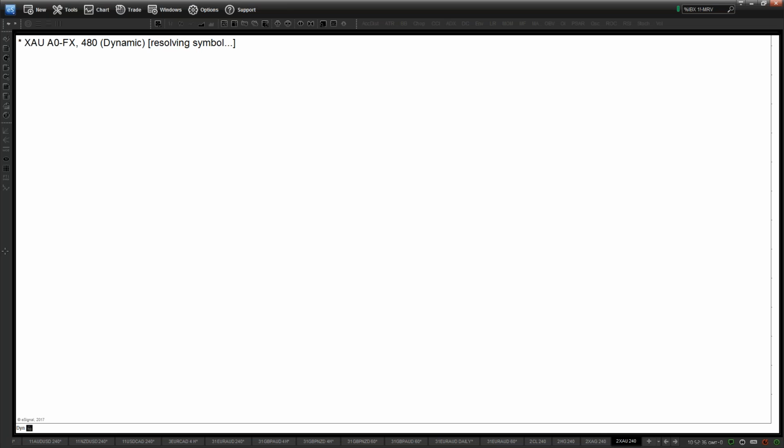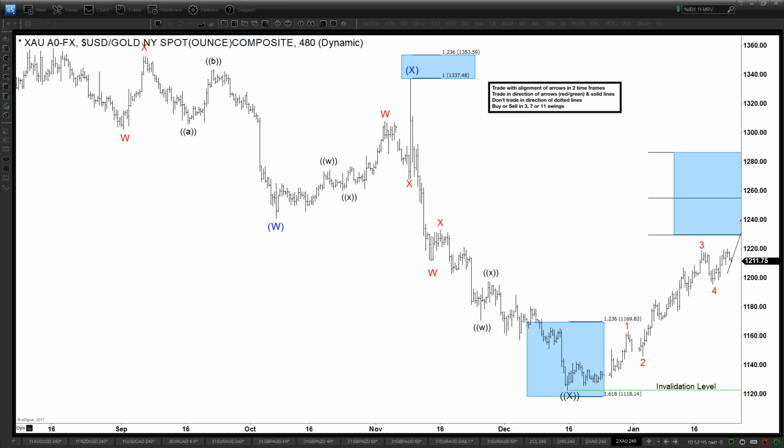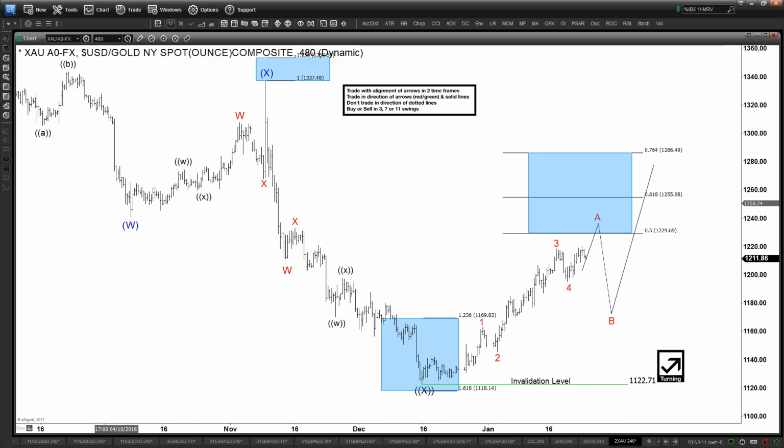Oil, I think, is better if you do still get the double correction. All right, just bear with me for a second, please.